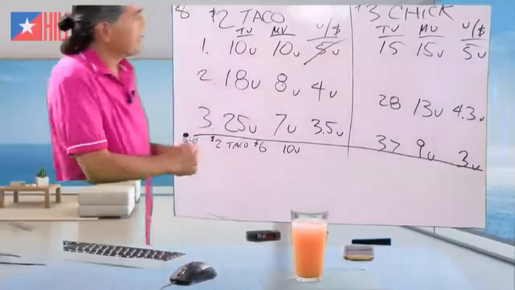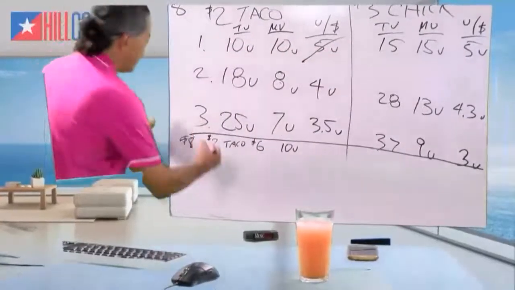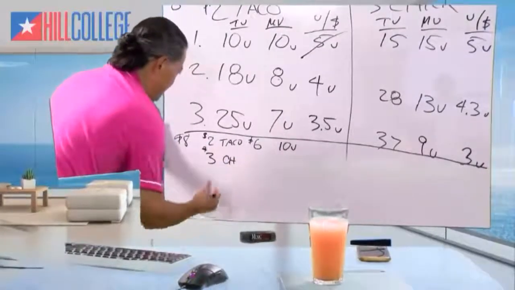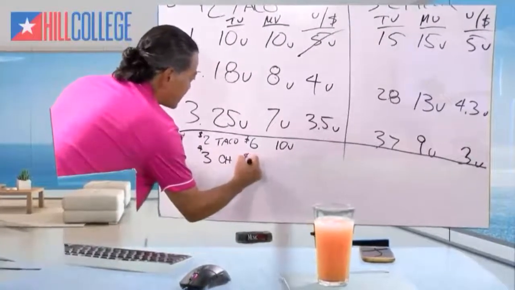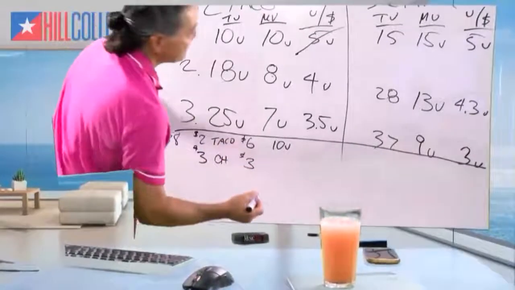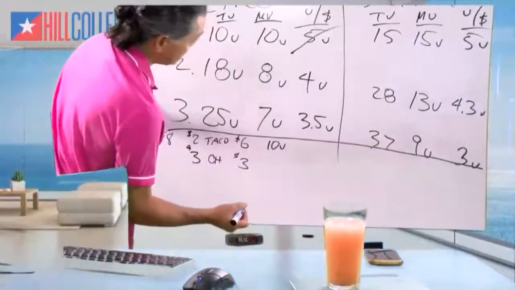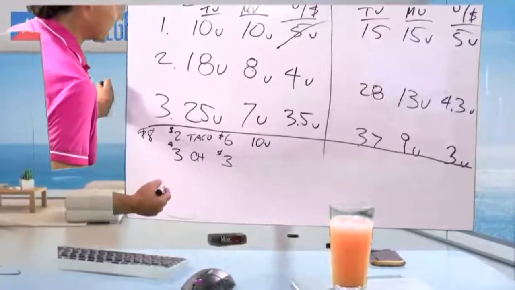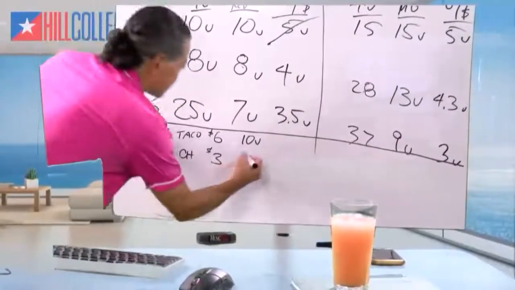So I'm going to spend $3 and I have $3 left, and we've accumulated how many utils for the chicken only? 15.